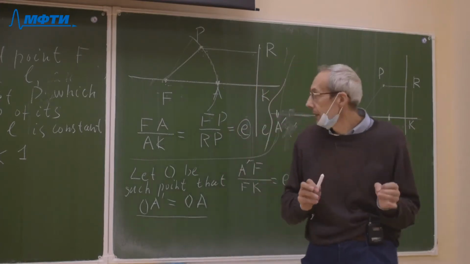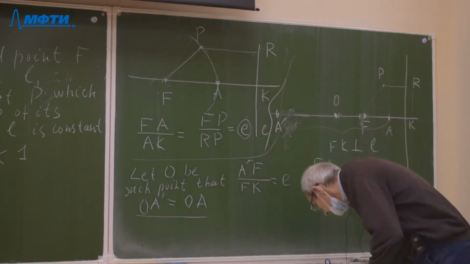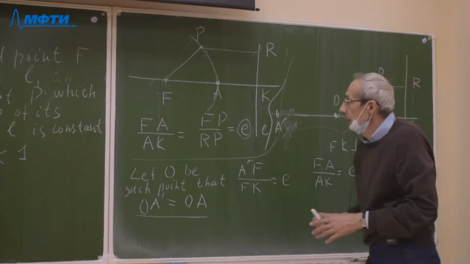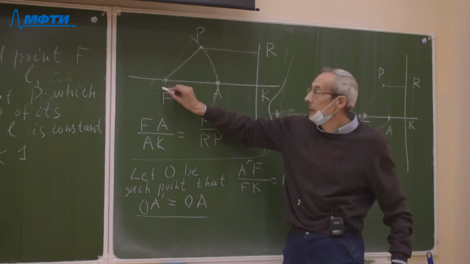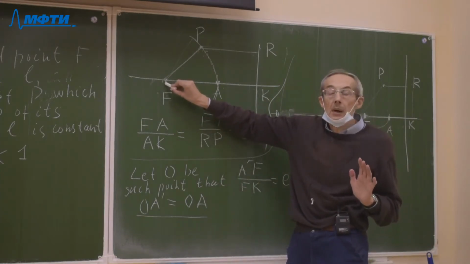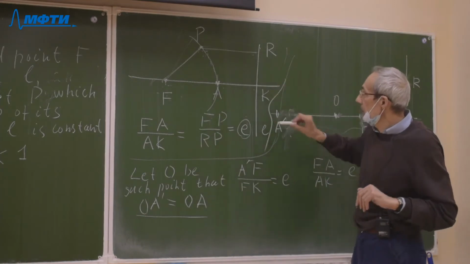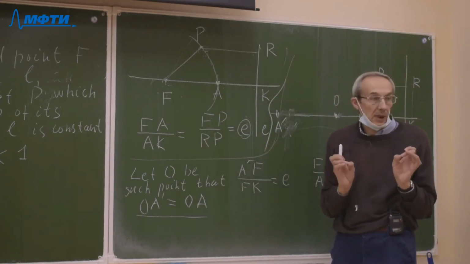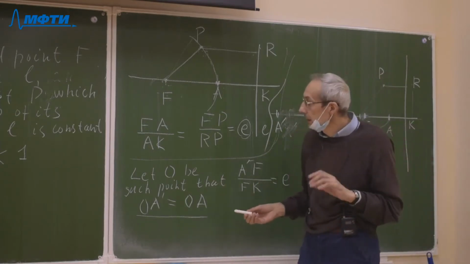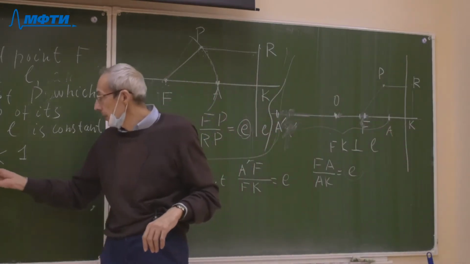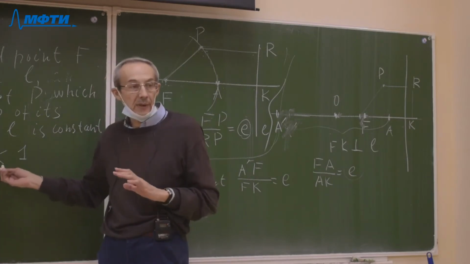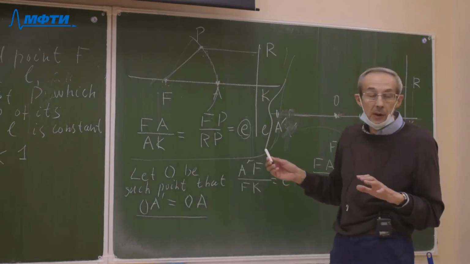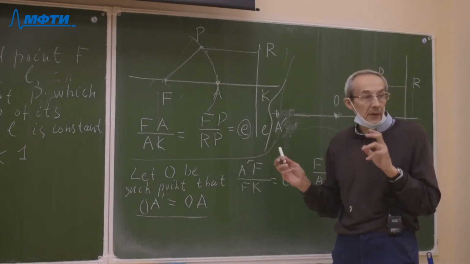We fix some point F. We have some fixed point and some fixed straight line L. We have two parameters, and another parameter, the number E, which is less than 1. And our curve is uniquely defined by these three parameters.